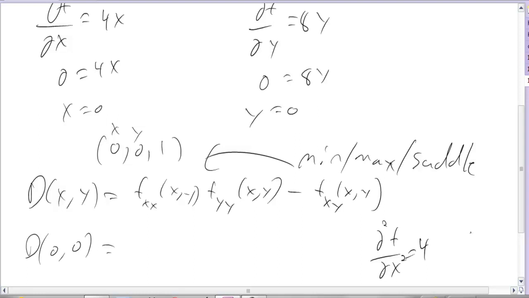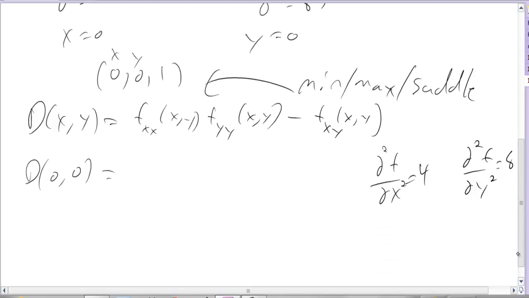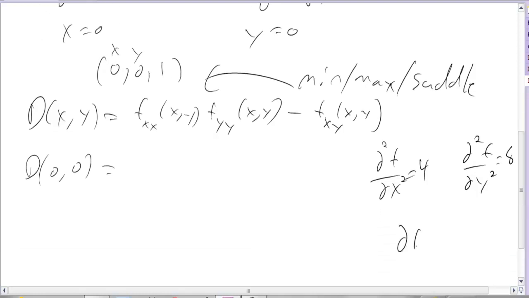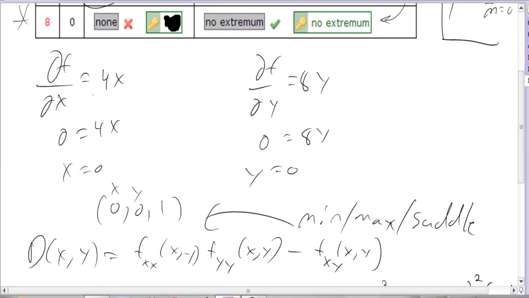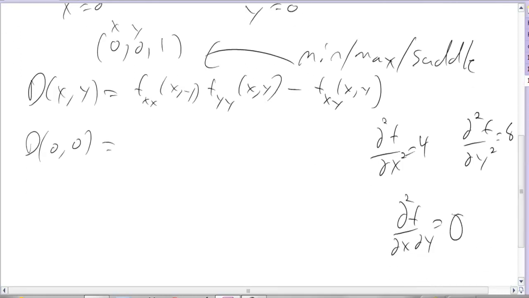And then similarly, second derivative of f with respect to y, that would be equal to 8. Then last but not least, we need the derivative of f first with respect to x, then with respect to y. And we can look back here, because we've already done the derivative with respect to x. So now when I do this with respect to y, there are no y's in it. So therefore, that just makes 0.